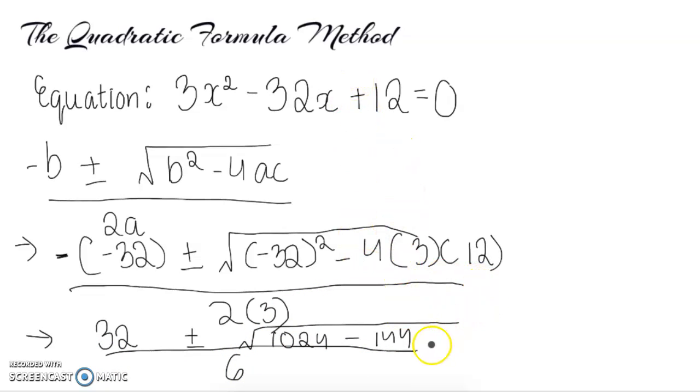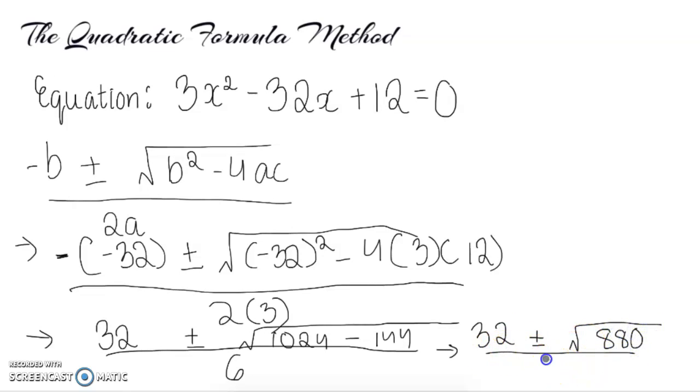Now, what I get after this is 32 plus or minus 1024 minus 144 is equal to root 880 all over 6.